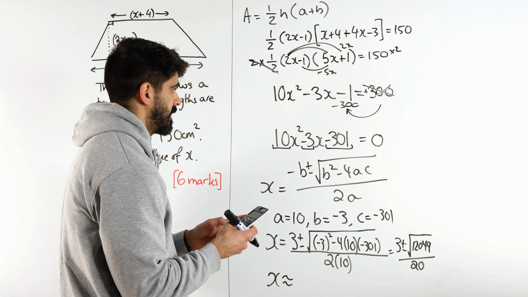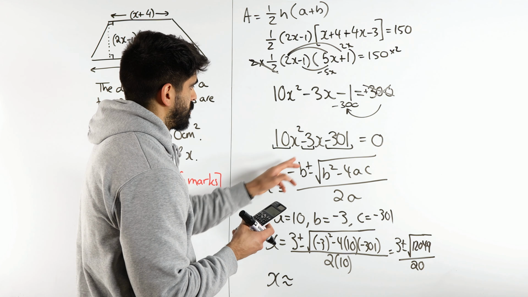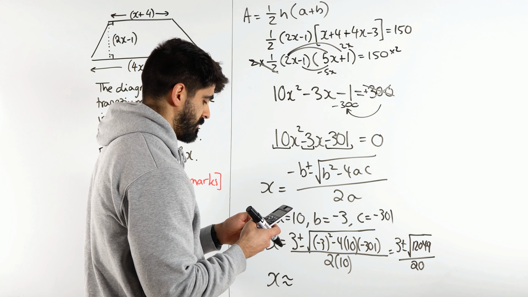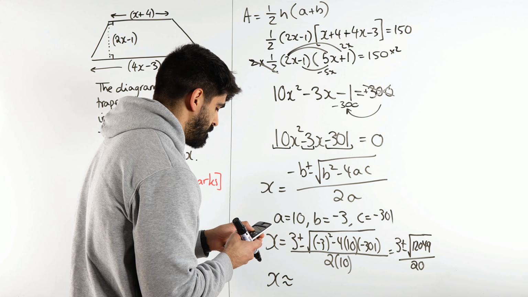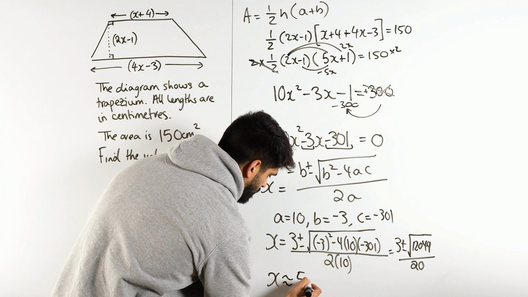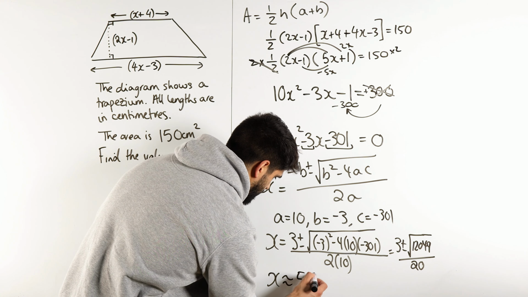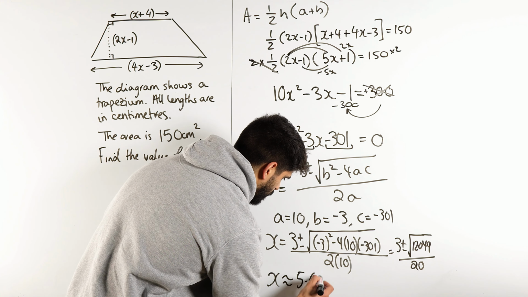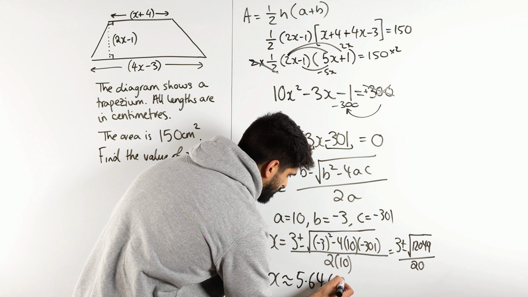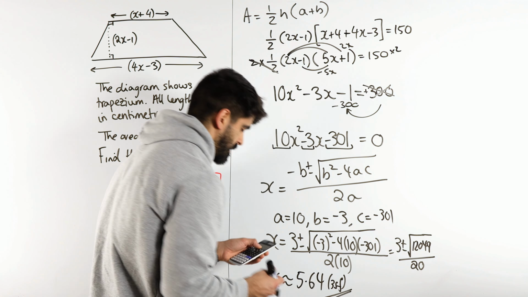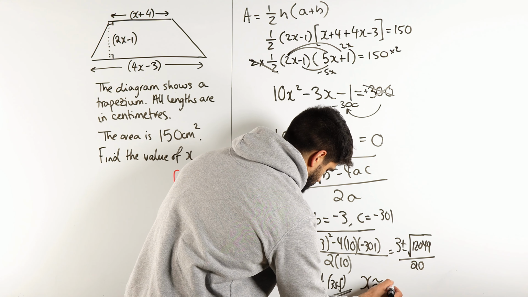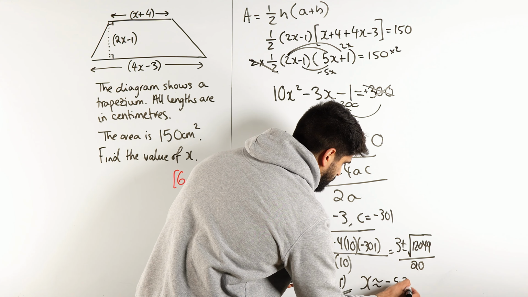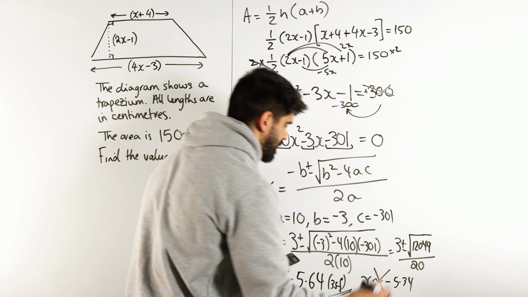I don't know why they did that, but they're trying to set you guys up. 10, -3, -301. So one of my values is 5.64 to 3SF. So the three most important numbers. And the other one is -5.34, which we know is not allowed.